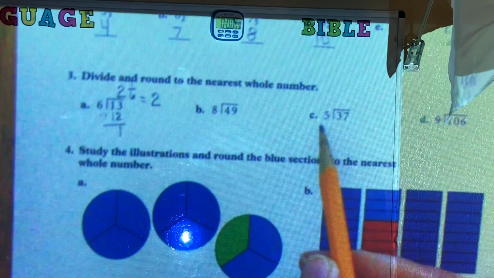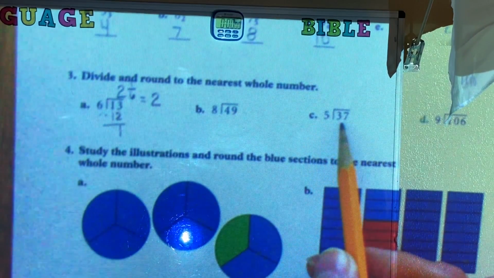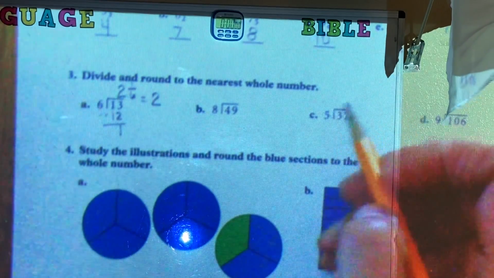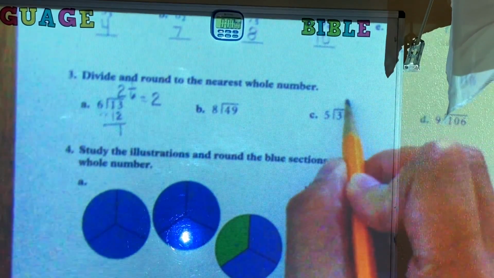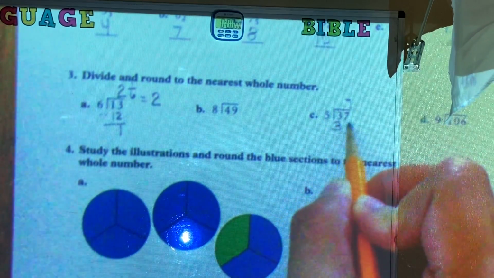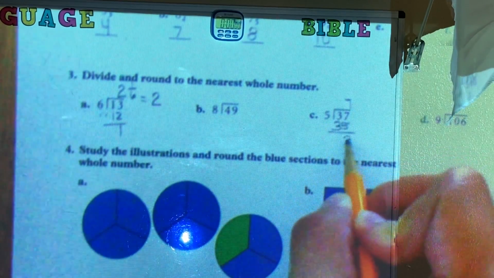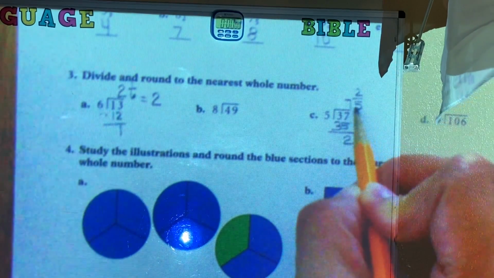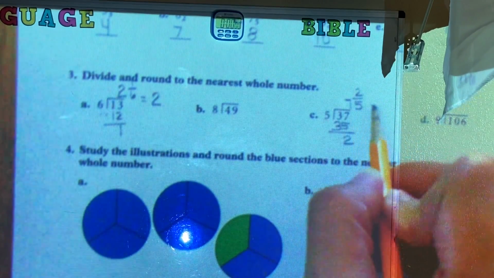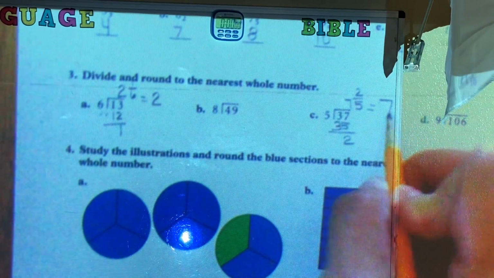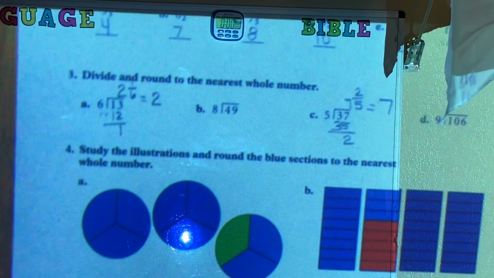For letter C, 5 into 37, how many times does the 5 go into the 37? That's going to be 7, and 7 times 5 is 35. I have 2 left, so I have 7 and 2/5. And because it is not greater than half, it's going to stay as a 7, okay?